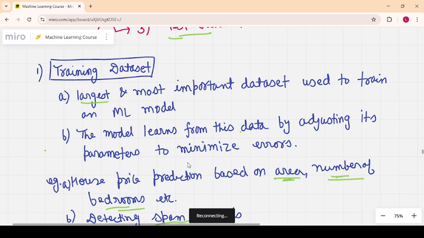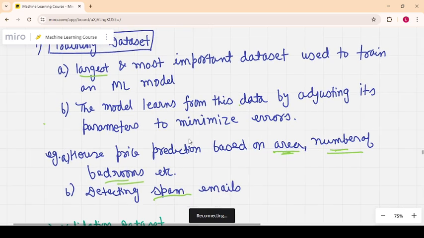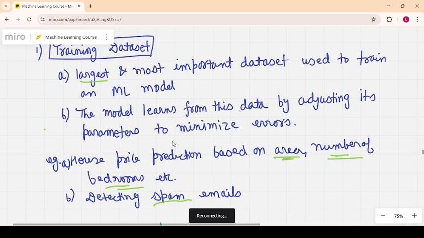For example, if you are building a house price predictor model and you choose features like area, number of bedrooms, etc., you feed a large amount of data in your training. Here the model tries to optimize the parameters, meaning you are adjusting the parameters over the dataset to minimize the error.